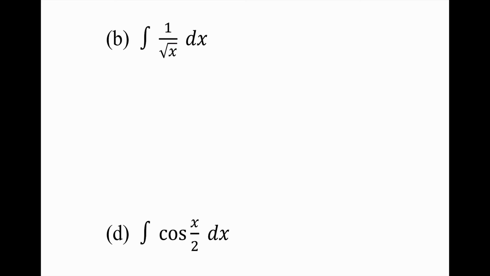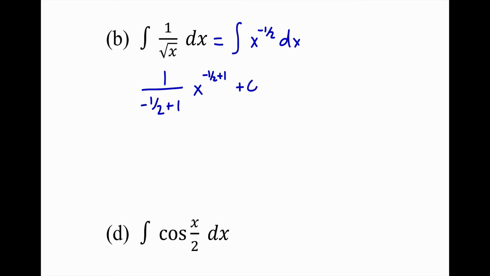Well, let's go on and first turn this into a form that we're more able to work with. And that is, we're going to take the antiderivative of x to the negative 1/2 with respect to x. So now its antiderivative is just going to be 1 over negative 1/2 plus 1, times x to the negative 1/2 plus 1, plus a constant.